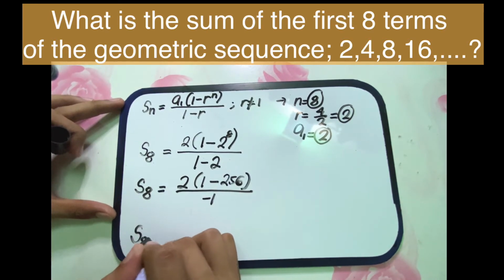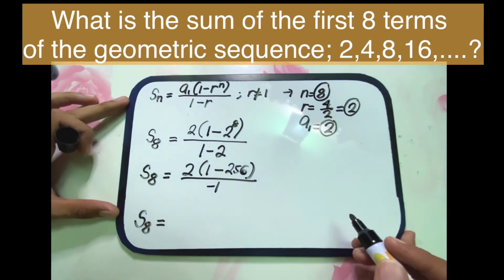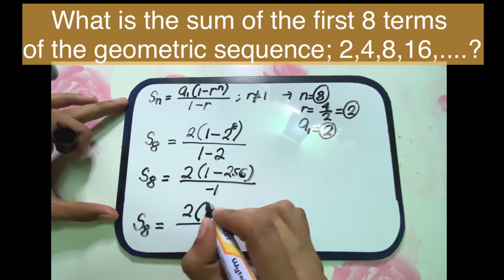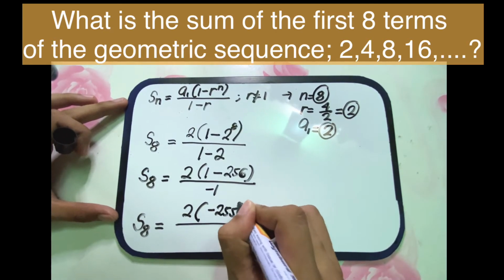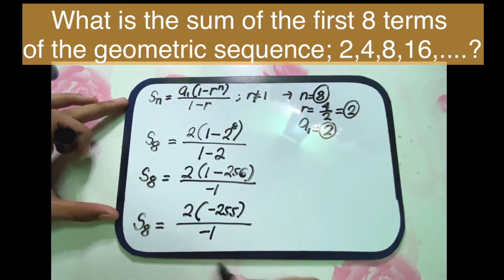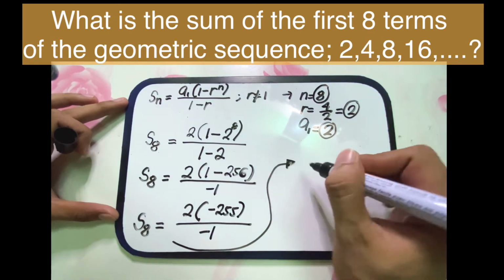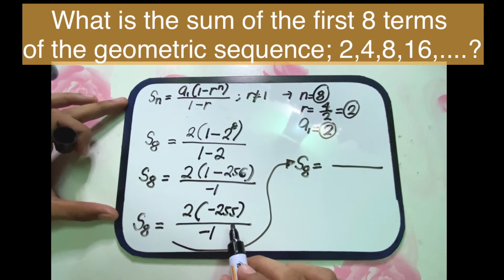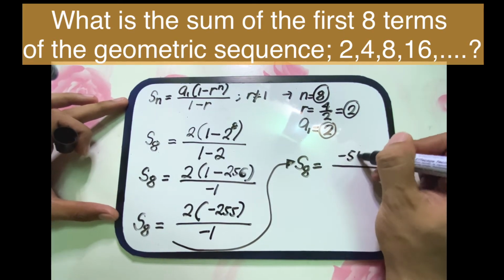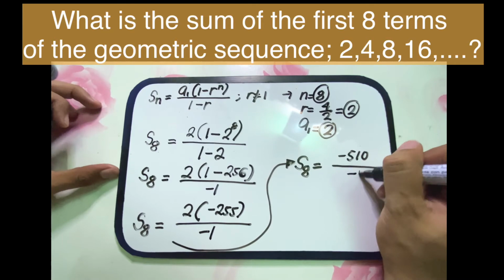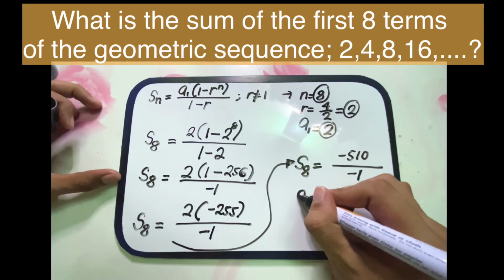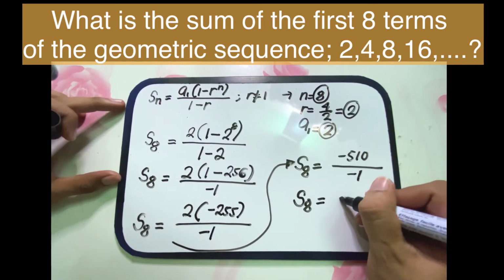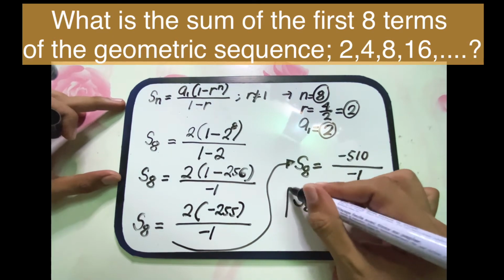So S sub 8 is equal to 2 times 1 minus 256, which is negative 255, all over negative 1. So S sub 8 is equal to 2 times negative 255, which is negative 510, all over negative 1. So the sum of the 8 terms of the geometric sequence is positive 510. So our answer is 510.